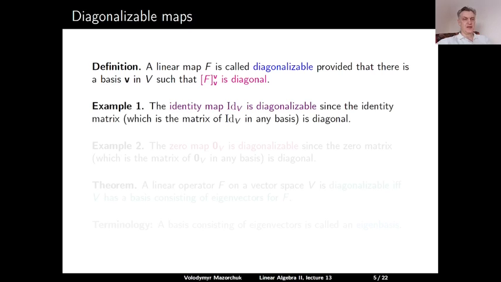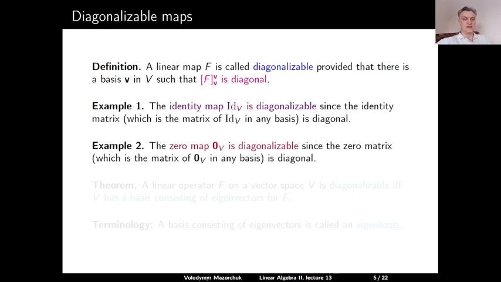Example 1, the identity map is diagonalizable, because if we choose any basis bold V in V, the matrix of the identity map in this basis is the identity matrix, and this one is diagonal. The second example, the zero map is also diagonalizable, because the matrix of the zero map in any basis is the zero matrix, and the zero matrix is diagonal.